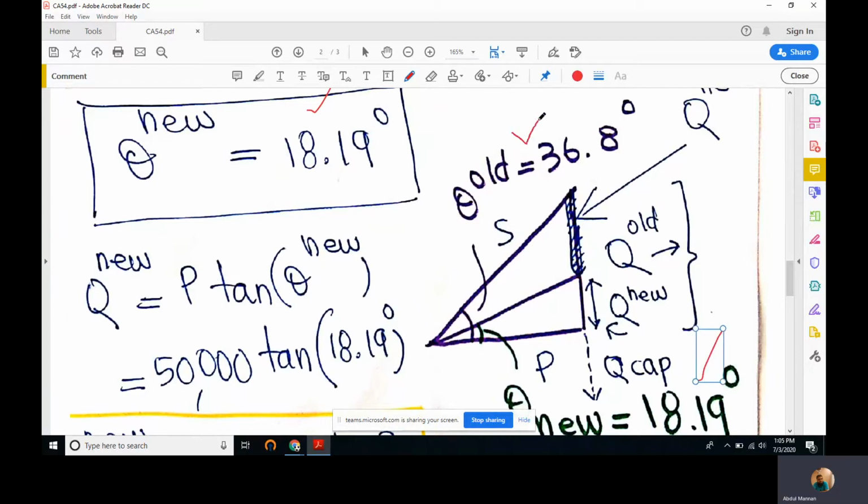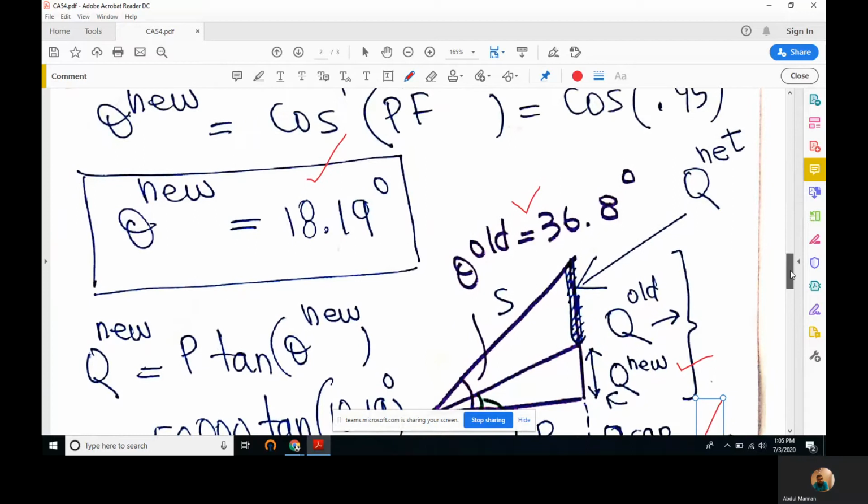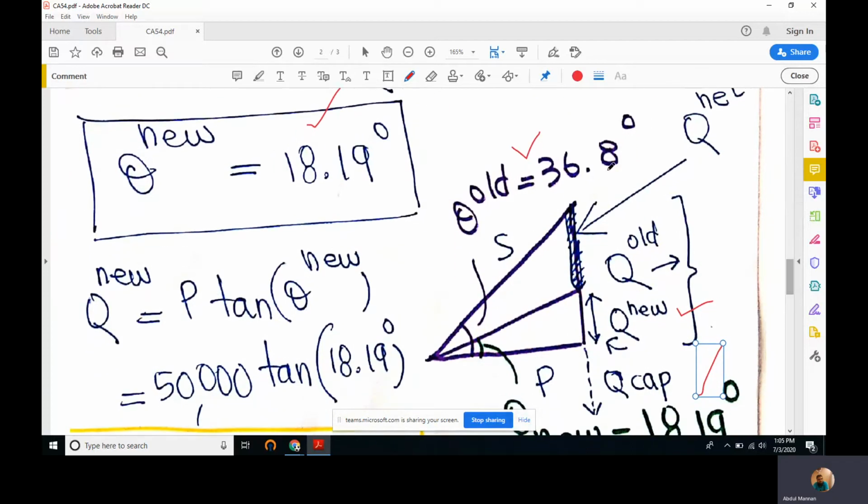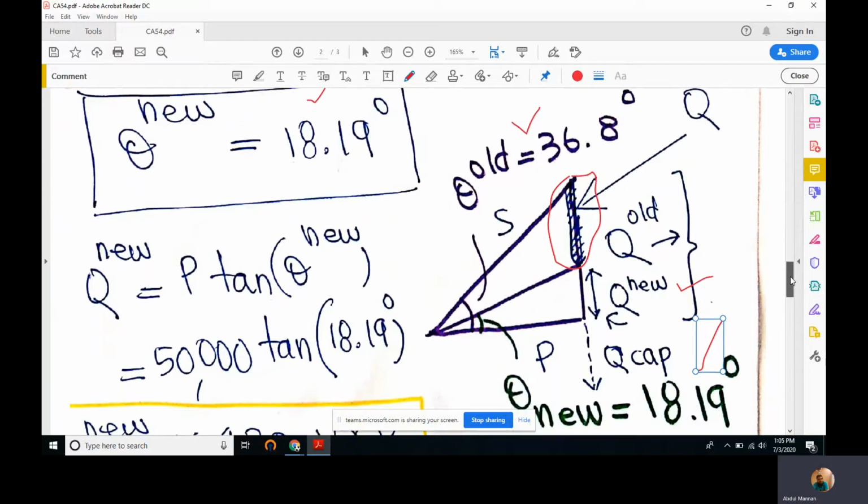This is the older theta, and since this is the new theta, this is the new Q, the net. This is the new Q that we want. So Q net should be this whole Q that we had previously without adding the capacitor, minus this much Q. This Q should be provided by the capacitor.